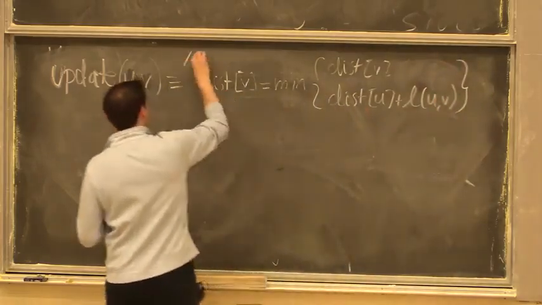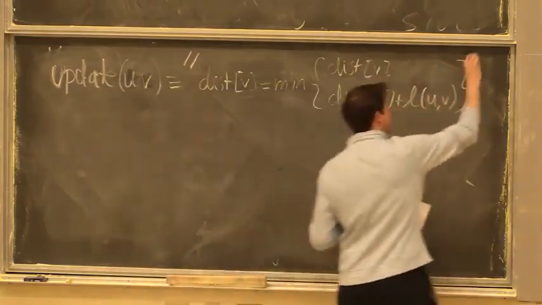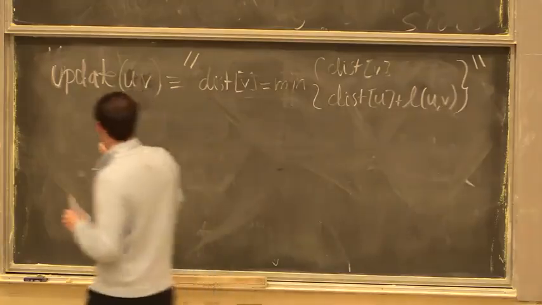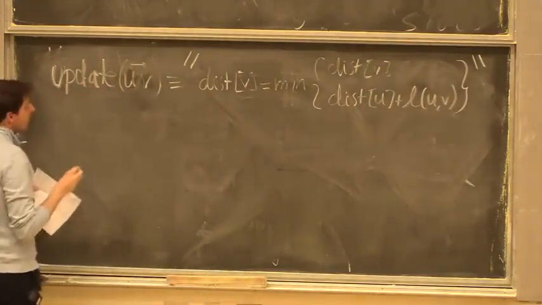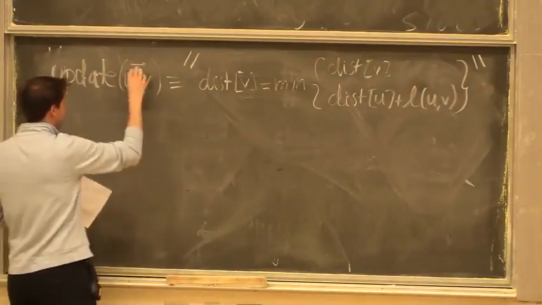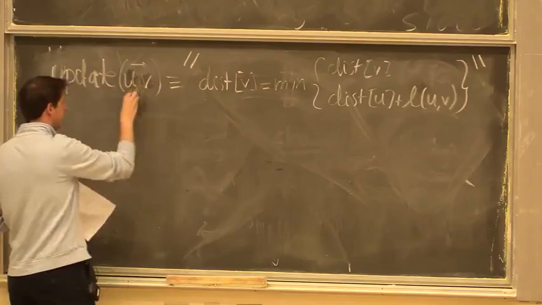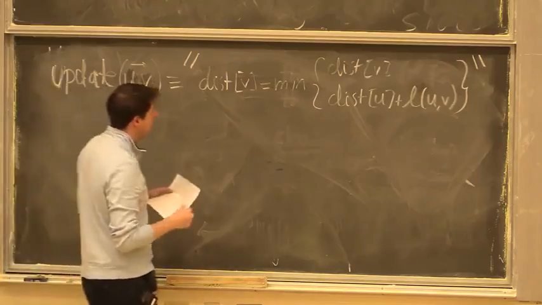Okay, so I'm just putting down a macro that says whenever I say update the edge uv, this is what you're doing. There's a direction here. It's not a symmetric thing. I'm looking at a specific edge.